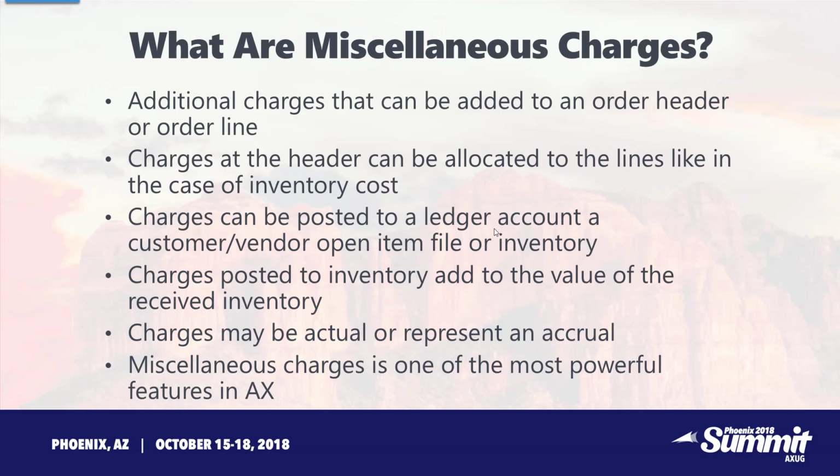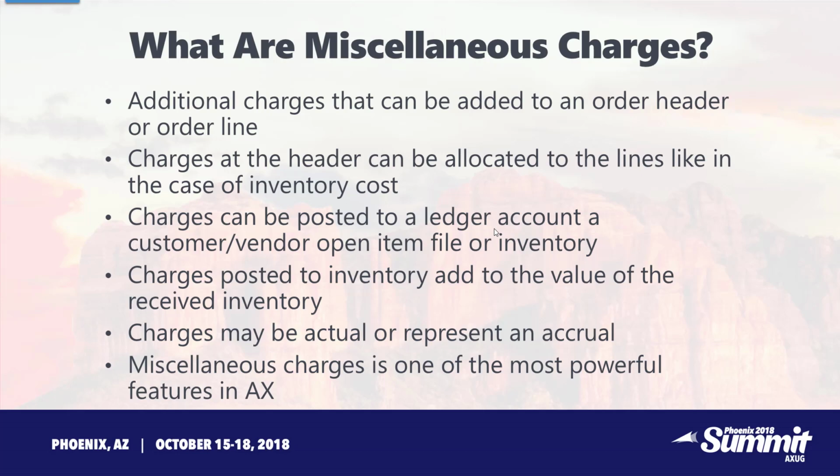So think of it as you can post to ledger accounts, and a lot of times we're posting to the ledger accounts where we're trying to allocate freight in, but we're not necessarily applying it to inventory. A second example is where we're allocating it to freight in, but the offset is going to inventory.